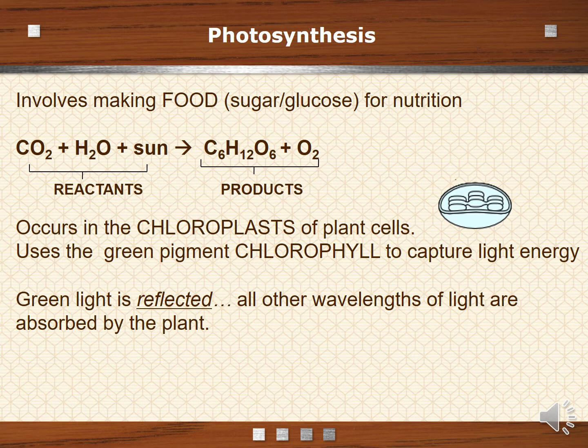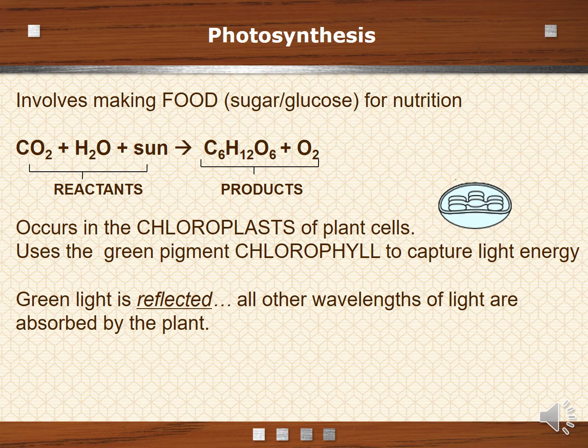Photosynthesis occurs in the chloroplasts of the cell. We've talked about this before. Chloroplasts are green because they contain chlorophyll, and chlorophyll is specially designed to capture light energy. They look green because the green light is reflected, and the reflected light is what our eyes observe.